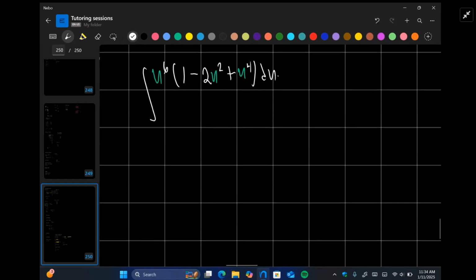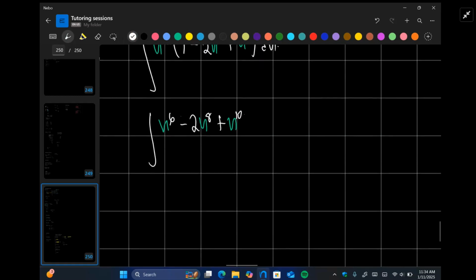Then we can go ahead and distribute. So we get the integral of u to the 6 power minus 2u to the 8th plus u to the 10th, and then du.